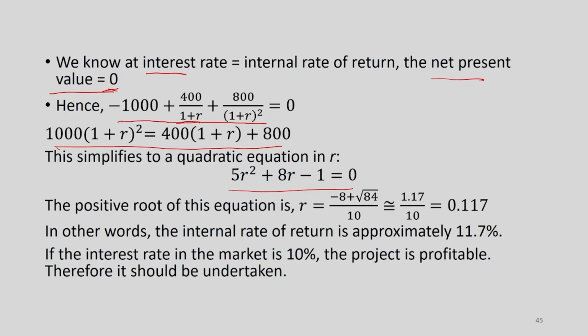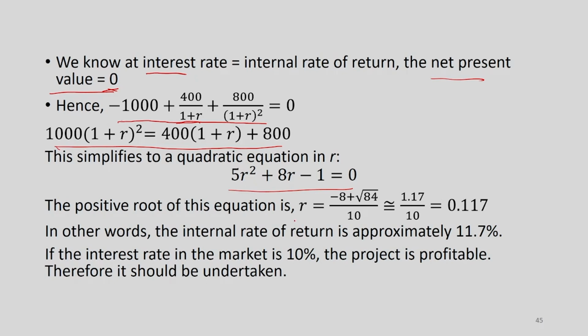Now, as it is known, in a quadratic equation there are two roots in general, and here the negative root we should ignore because a negative rate of interest does not make much sense.